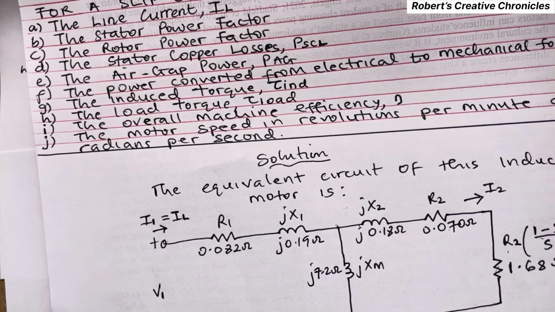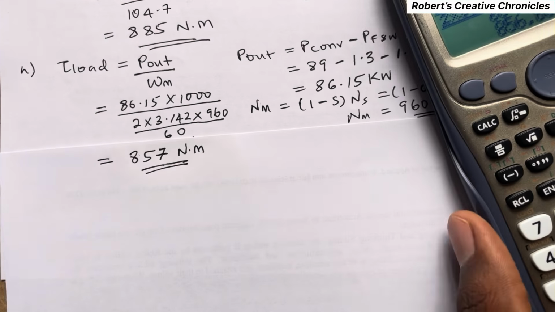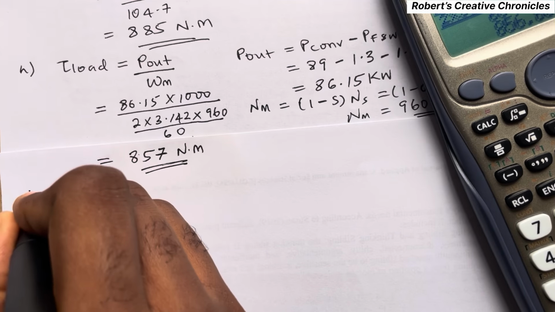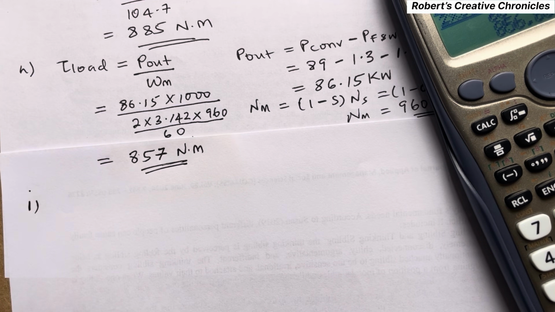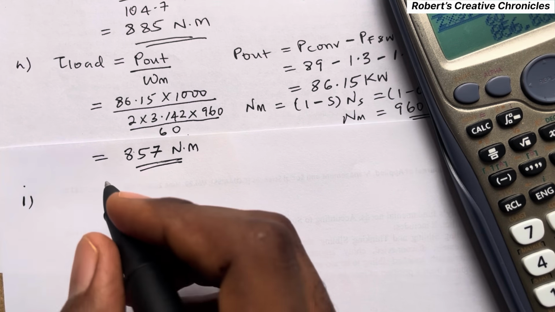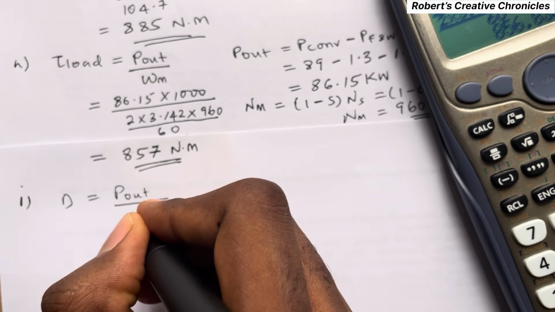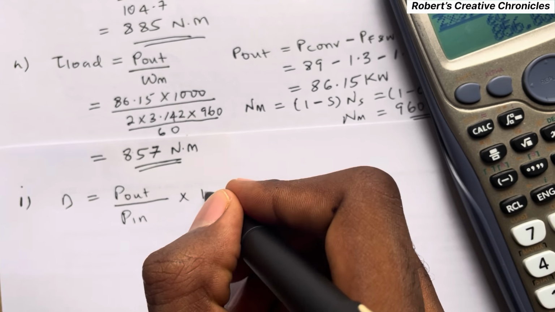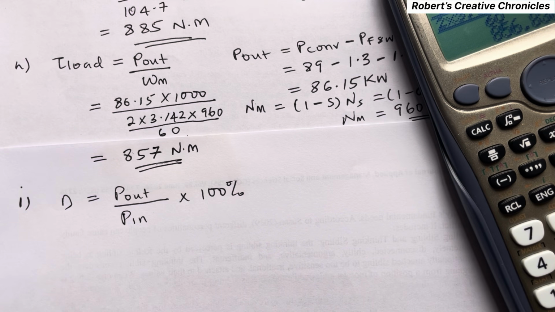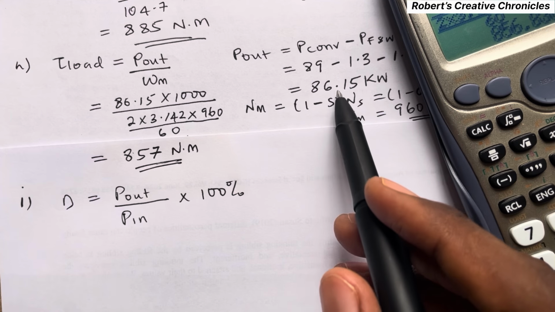So I, the overall machine efficiency. The efficiency of this machine is given by the output power over the input power times 100%. And what is the formula for input power? We have already calculated the output power.